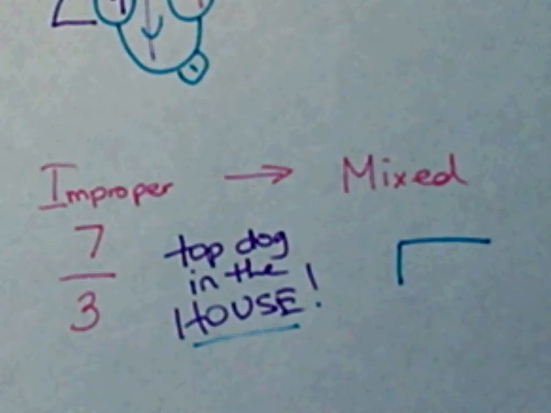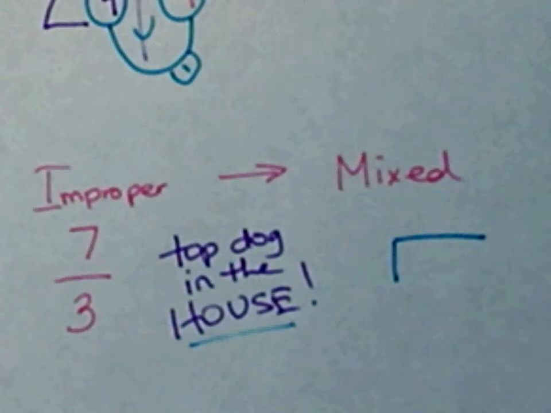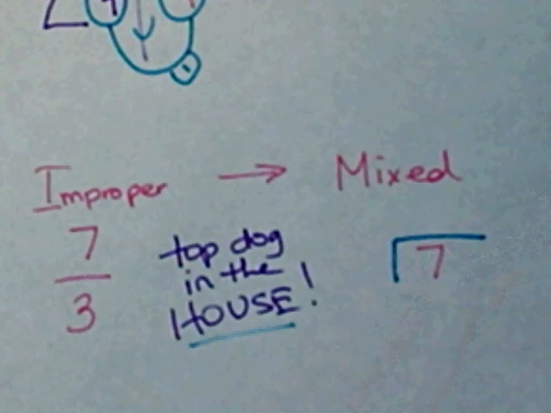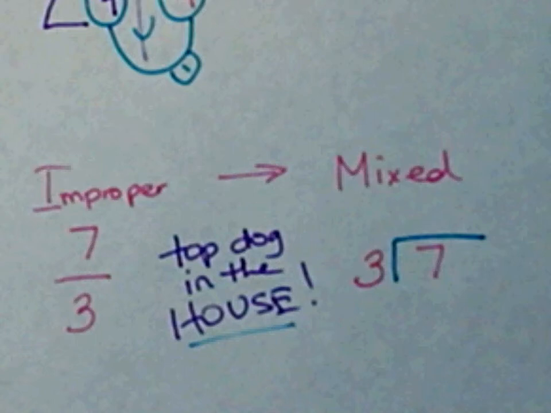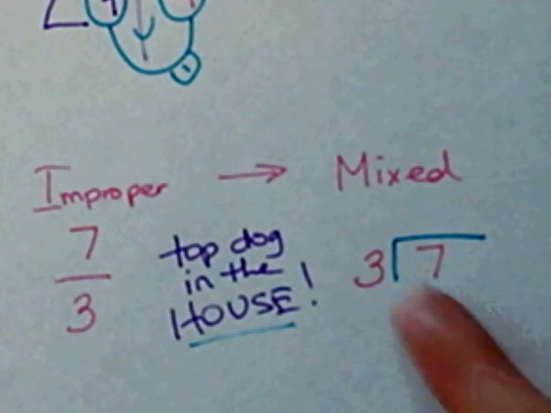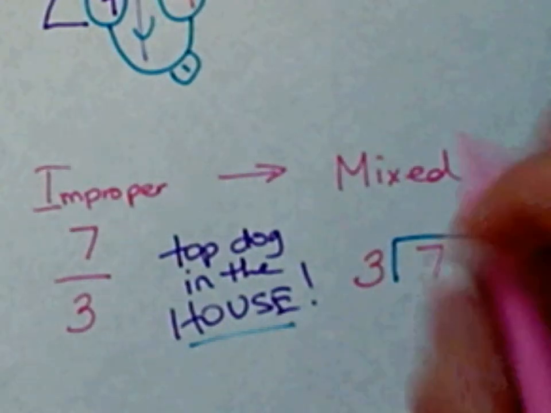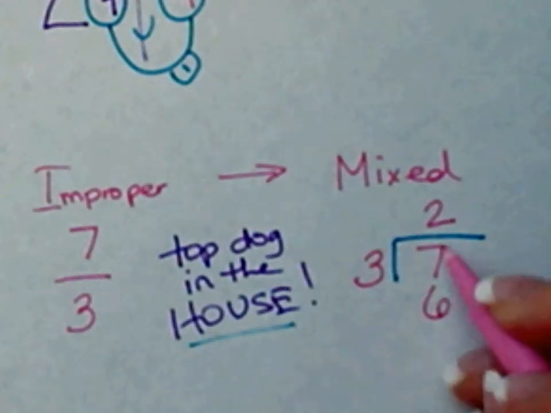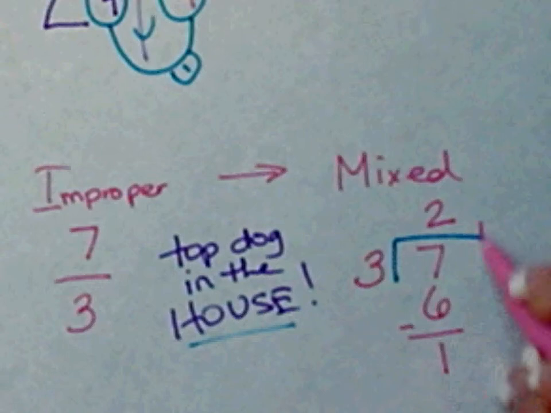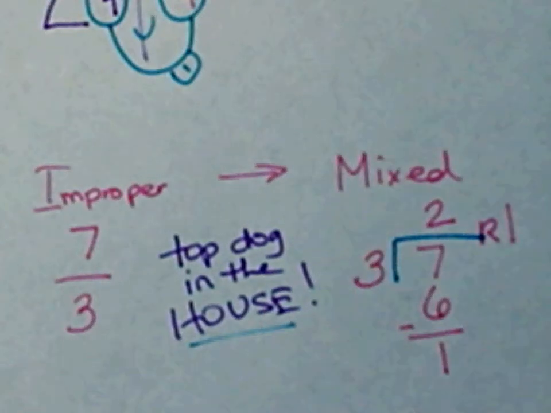Top dog is your larger number. Your larger number is the 7, it's your numerator, and you're going to divide it by the 3. And then you're just going to do a normal division problem. 3 goes into 7 2 times. 2 times 3 is 6. 7 minus 6 is 1, so I have a remainder of 1.